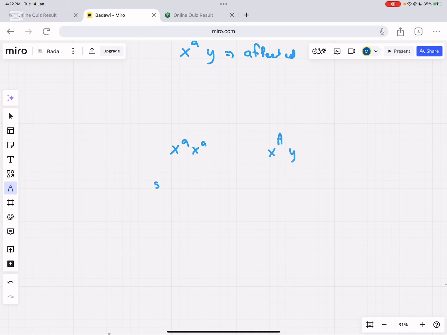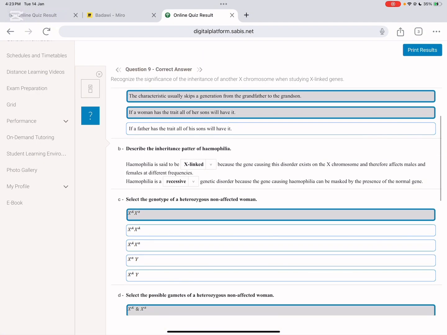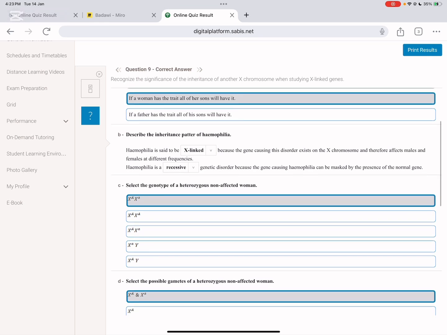Her sons will get the Y from the dad, but their X is always going to come from their mother, maternal origin. So if the mother is affected, her sons will be affected also. And we already said why the statement that if a father has a trait, all his sons will have it is wrong.